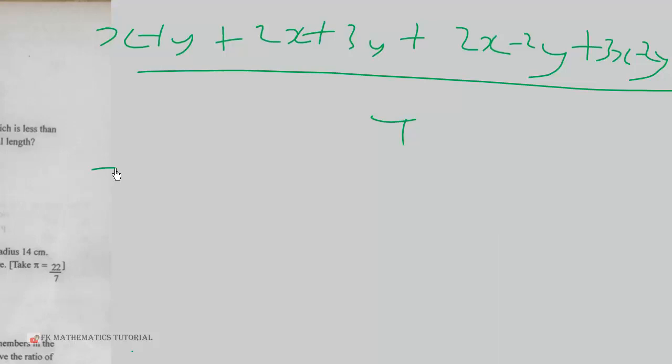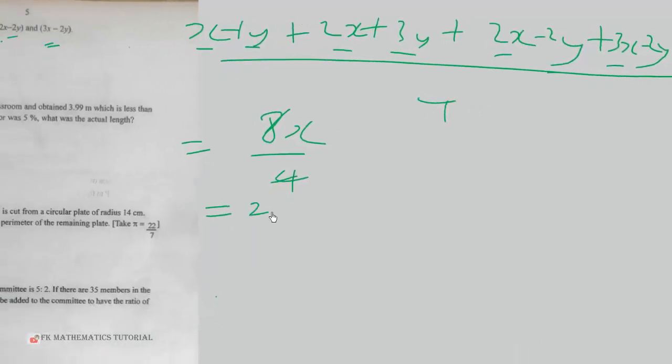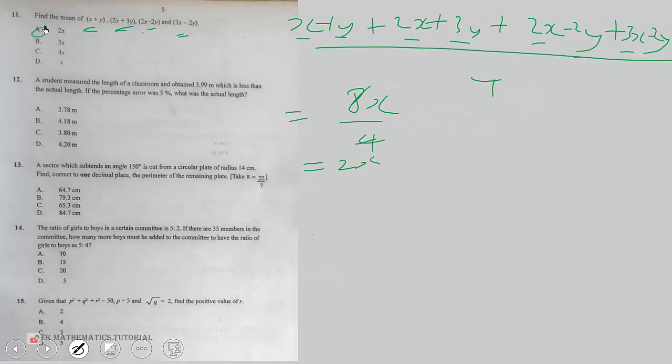So let's go. x plus 2x plus 2x plus 3x will be 8x. Then y plus 3y, 4y, minus 2y, 2y, minus another 2y, so 0, all over 4. So that will give us 2x. So the correct answer is A.